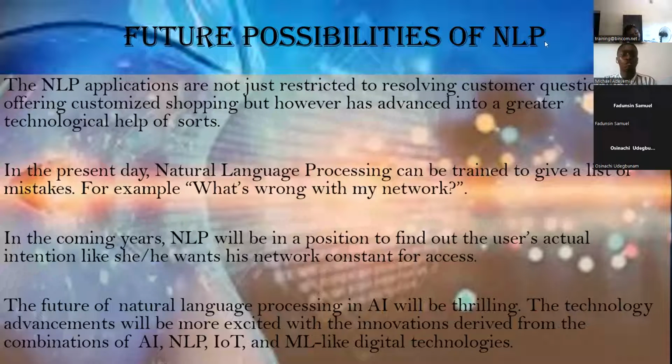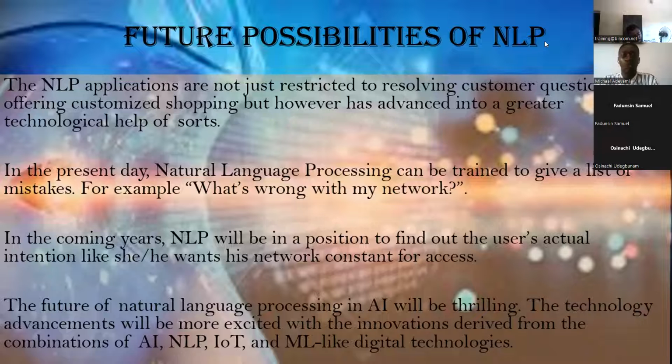In the present day, natural language processing can be trained to give a list of mistakes. For example, what's wrong with my network?